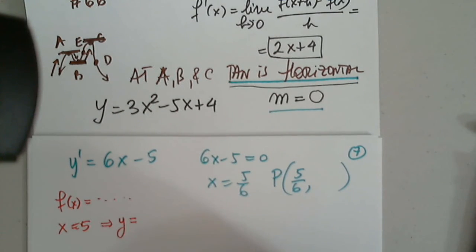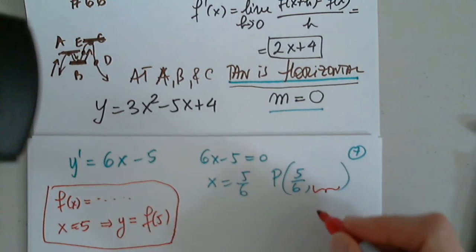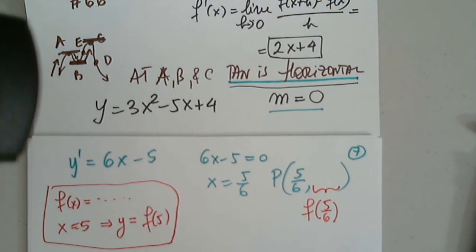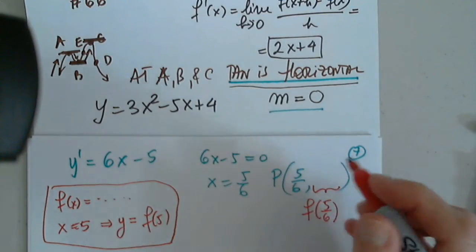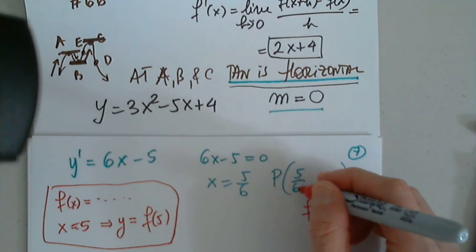You got to put it back into the original function. Of course, you cannot just guess and say, oh, let's plug in something else, right? So this must be f of 5/6. If x is 5/6, the y coordinate of the point has to be the function value at 5/6.